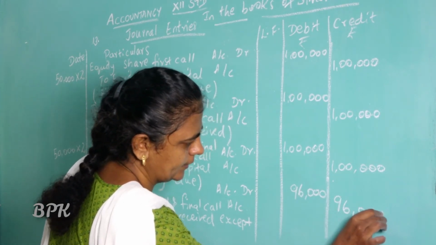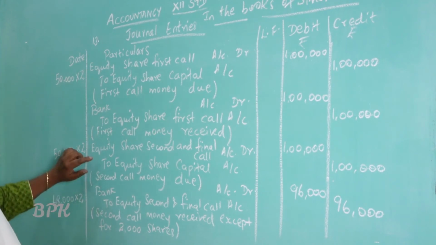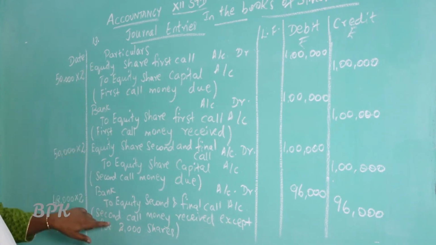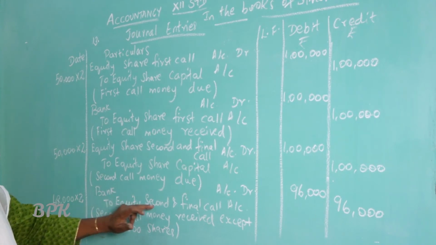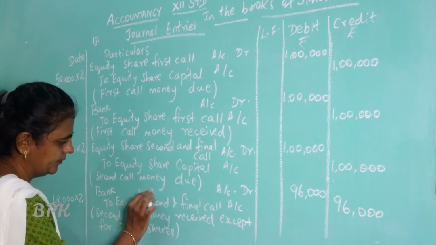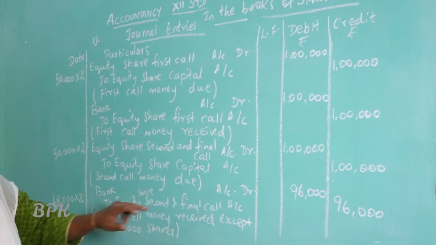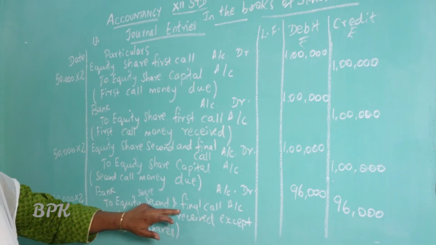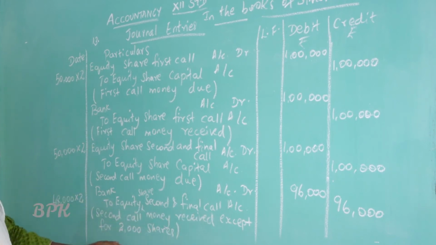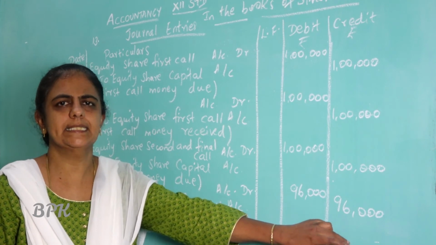All the money is received except for 2,000 shares. So bank account debit to equity share second and final call account: 96,000.